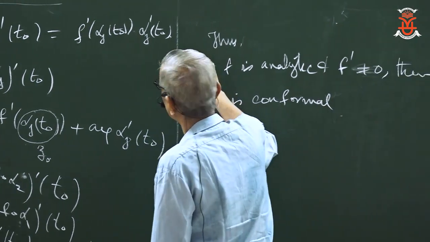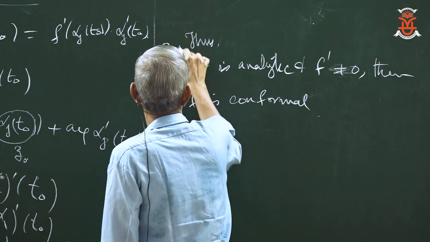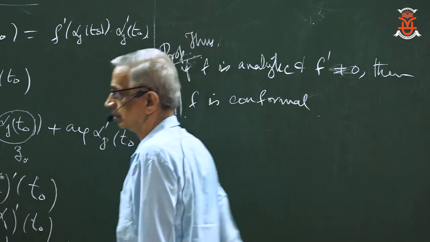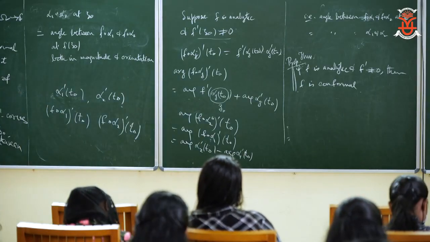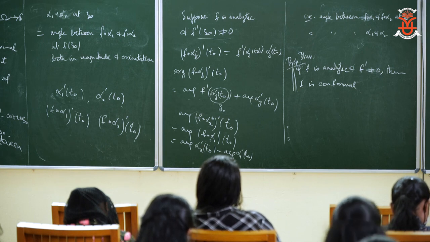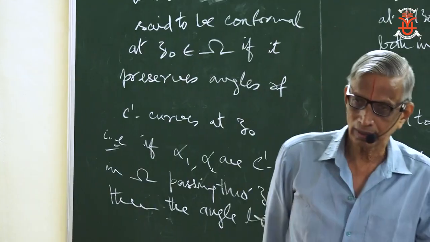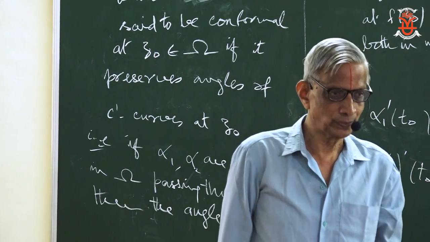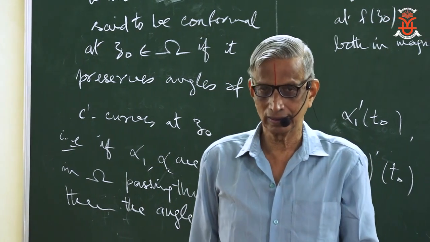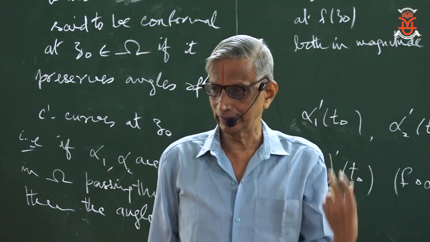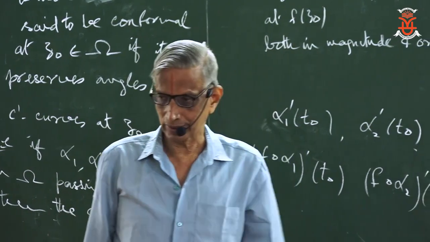So this is a proposition. The converse is also true. If a map is conformal, then it's analytic and the derivative is non-zero. So that's what we want to show next.